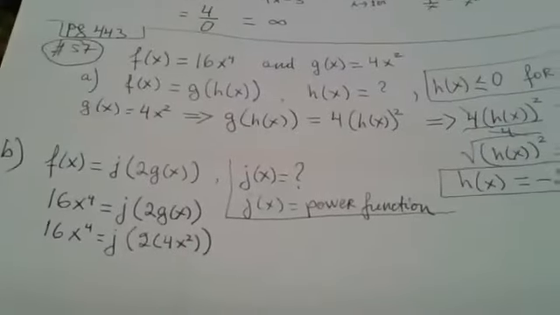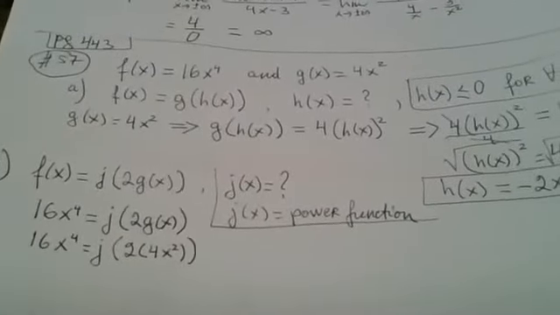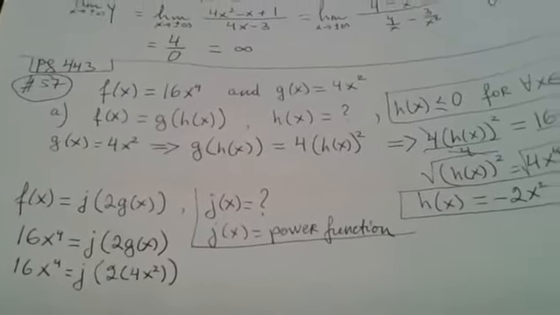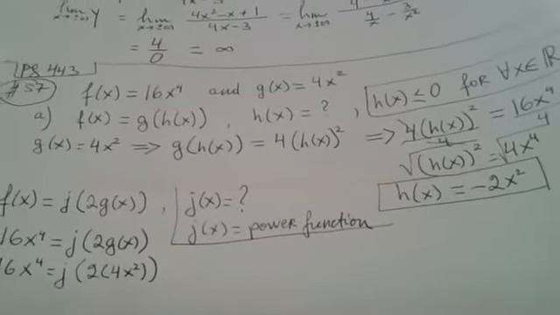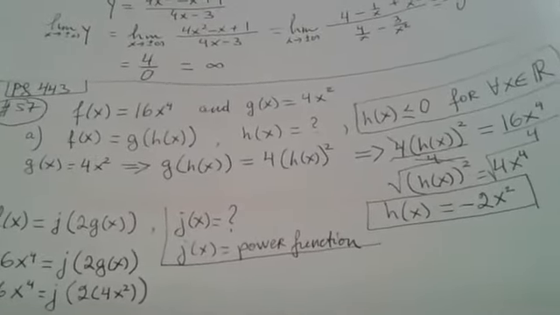16x to the 4 equals j of parenthesis 2 times 4x squared. This is not a composition inside of parentheses. This is a simple product of 2 and 4x squared. If we multiply, do we get 8x squared? Yes.